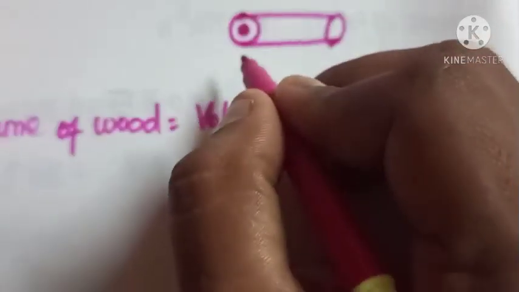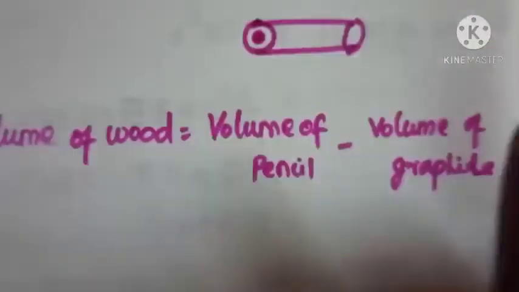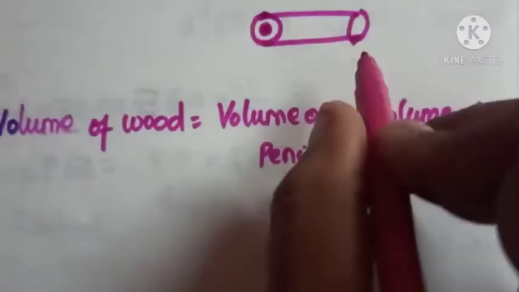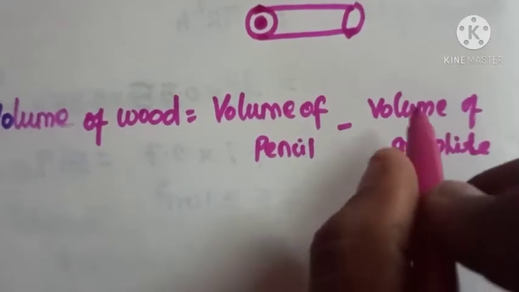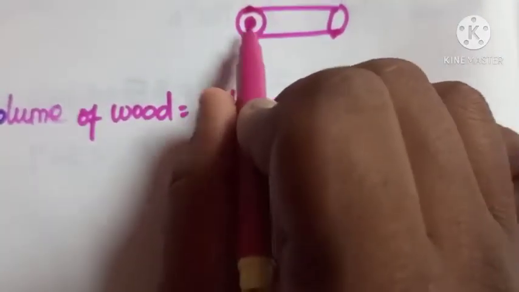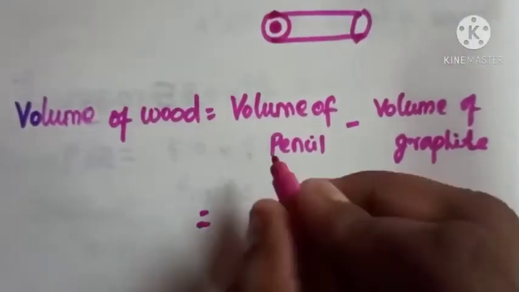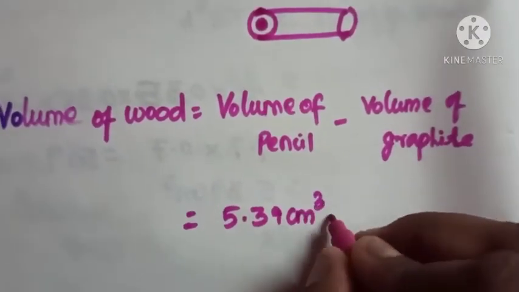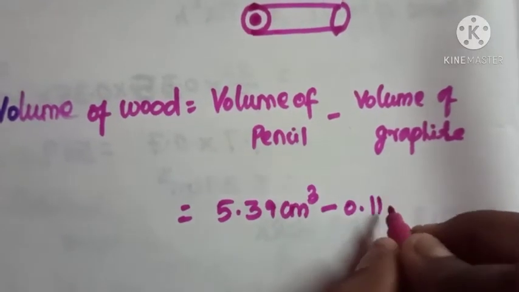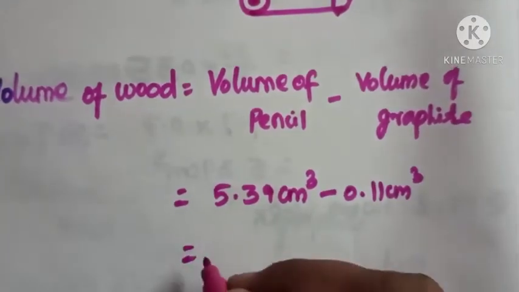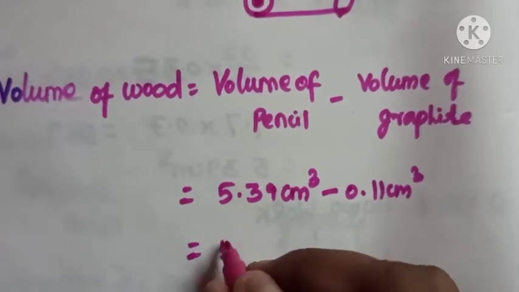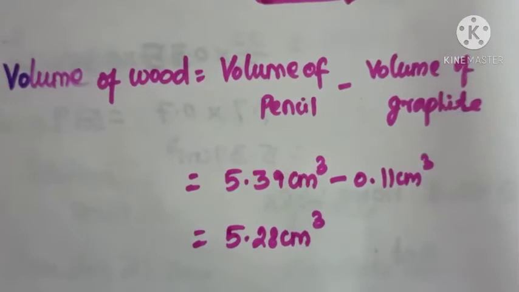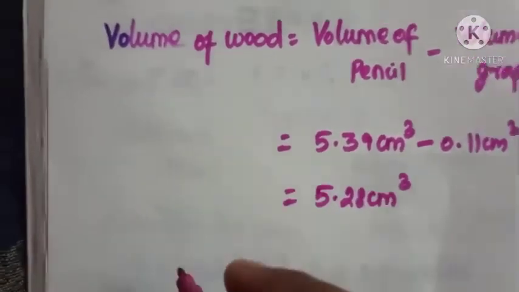That's why first we find the volume of the whole pencil and the volume of the graphite. You subtract the smaller value from the whole value, and you get the volume of this white portion, that is the wood. You know this is 5.39 centimeter cube minus 0.11 centimeter cube. You subtract this and get 5.28 centimeter cube. So finally we find the volume of wood.